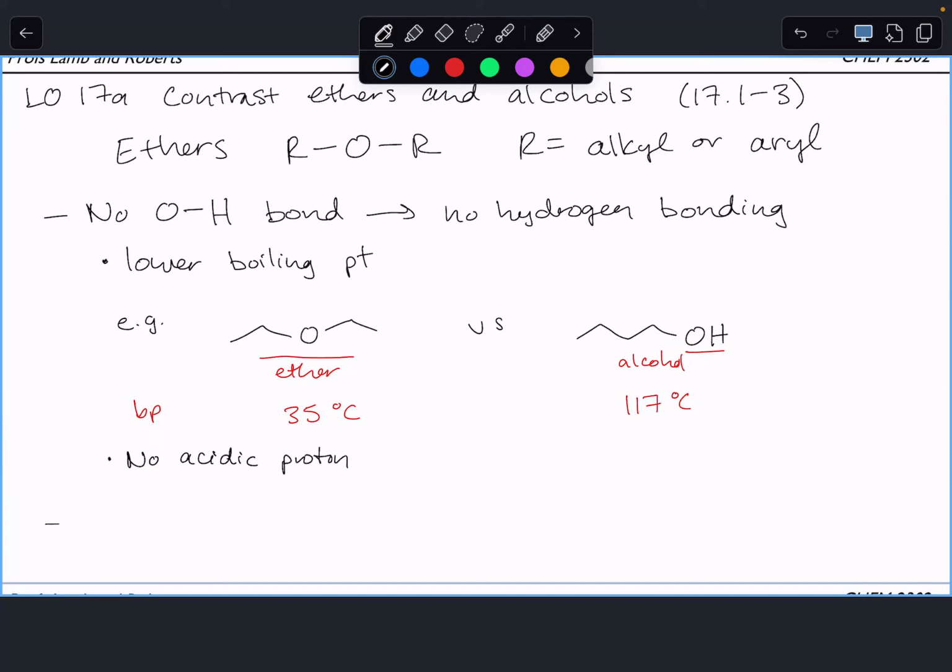And then the other major difference is that our ether oxygen, so this one right here, is not nucleophilic, or not very nucleophilic.